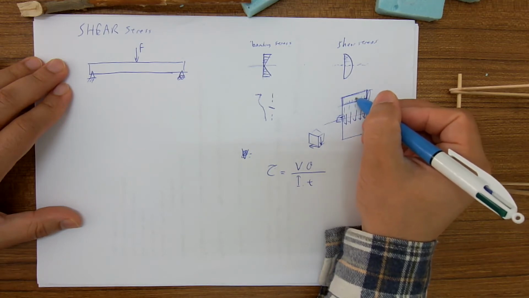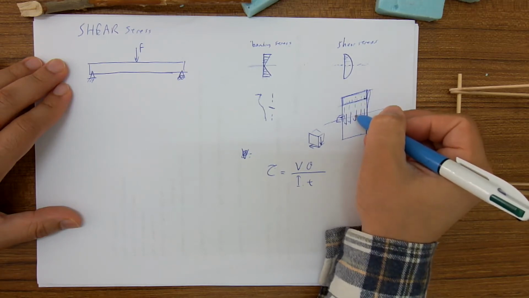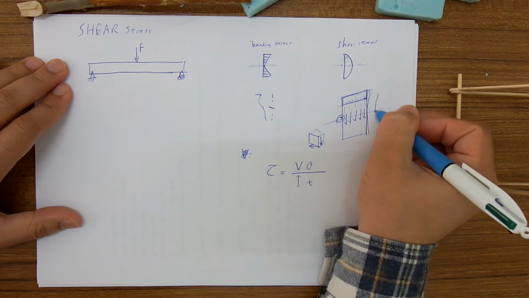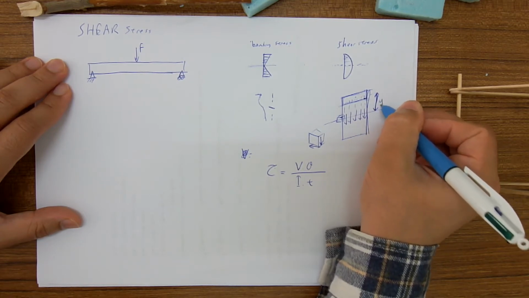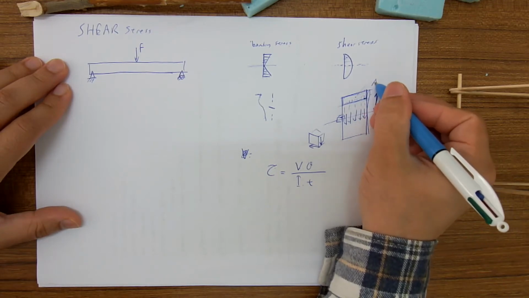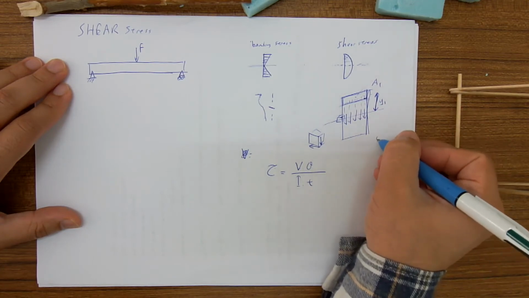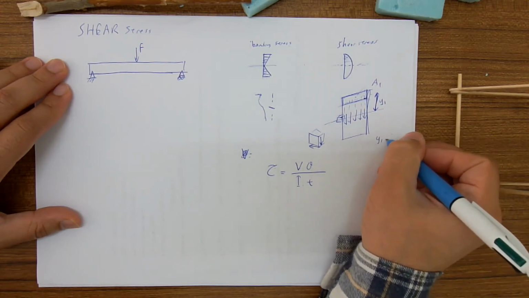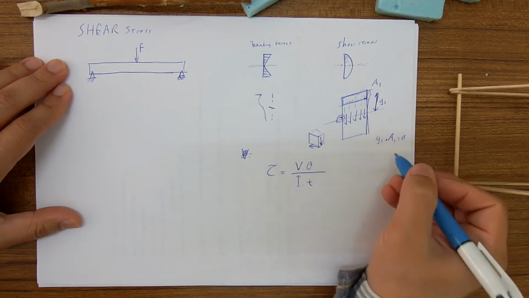So if you multiply the distance between the centroid of this area and the neutral axis, say this is y1, and this area A1, so y1 times A1 is the first moment of area.